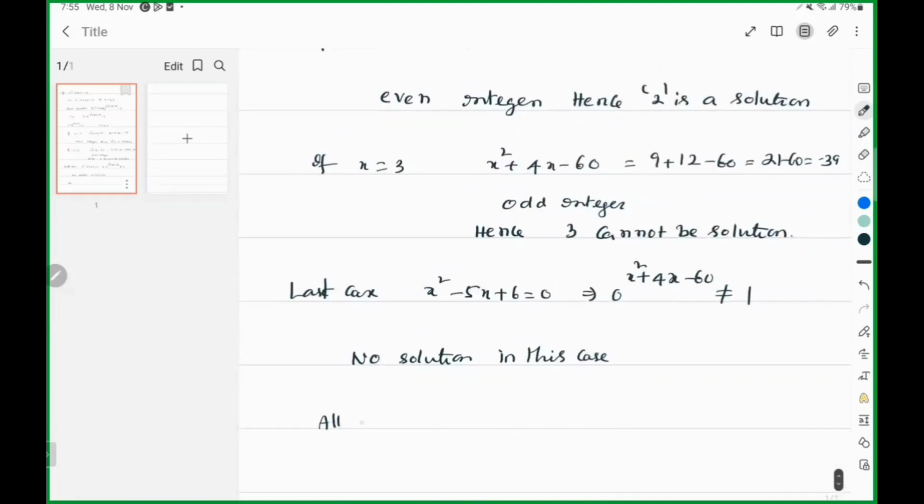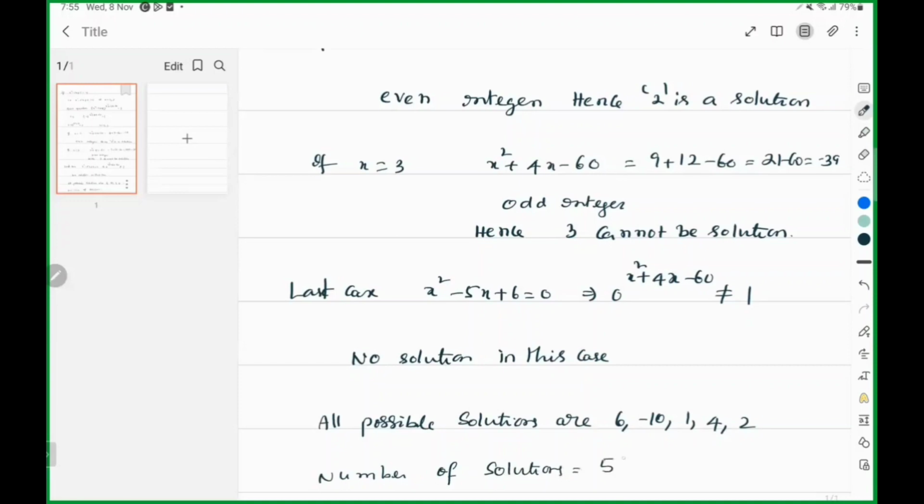So now all possible solutions are 6, minus 10, 1, 4, 2. So number of solutions equal to 5.